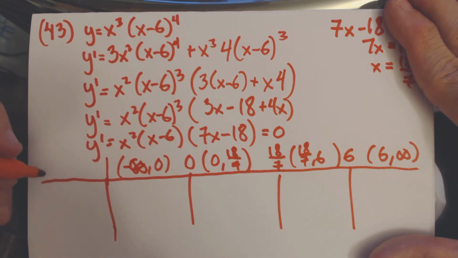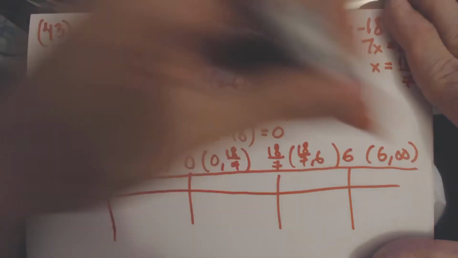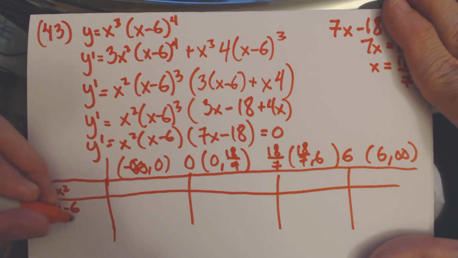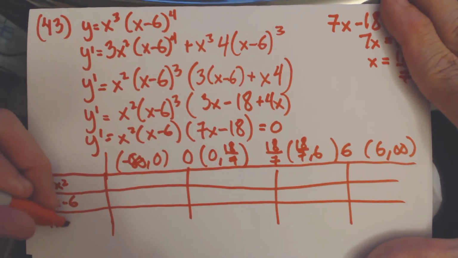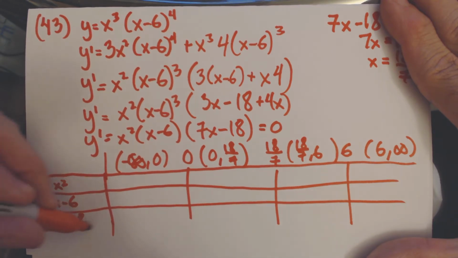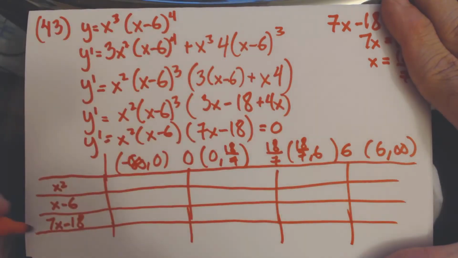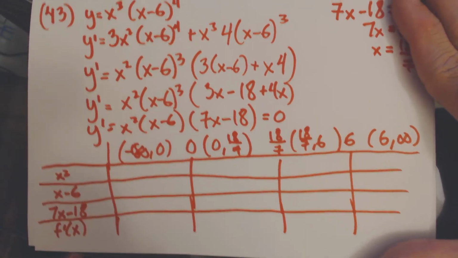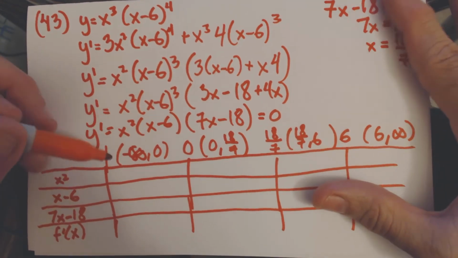The components of the derivative we're going to evaluate are x squared, x minus 6, and 7x minus 18. F prime of x is what we're looking to evaluate. All right, everything's in the chart. Everything's ready to go. Let's go for it.